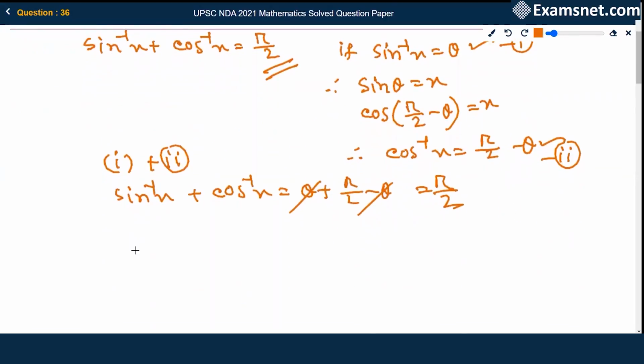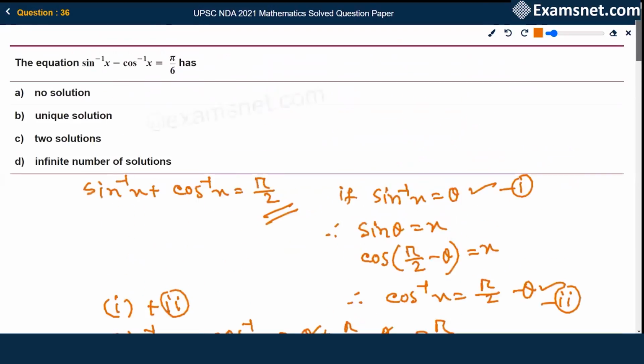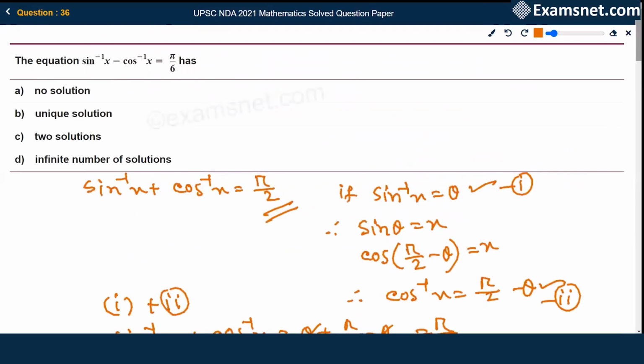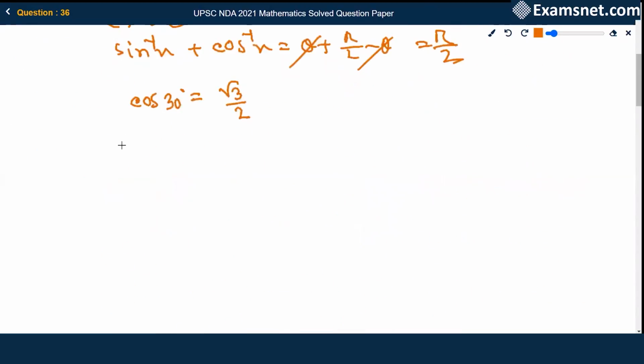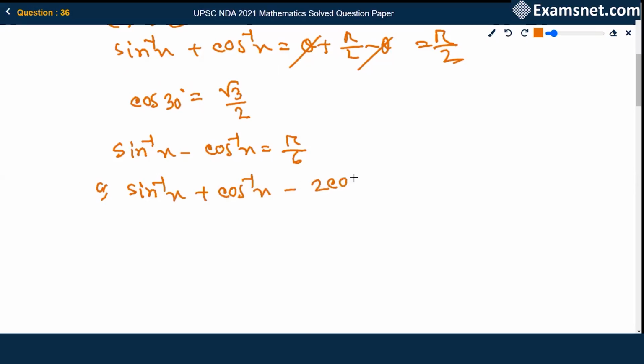Also we know cos 30° will give us the value root 3 by 2. Now let's see how we can use these two pieces of information to solve this. It is given that sine inverse x minus cos inverse x equals pi by 6. Also, we can write sine inverse x plus cos inverse x minus 2 cos inverse x equals pi by 6.